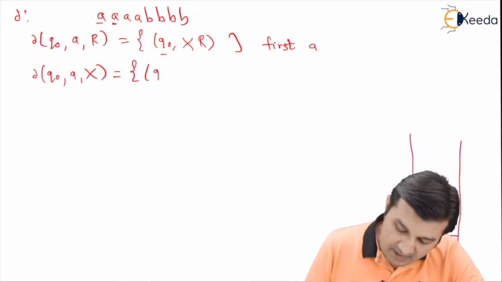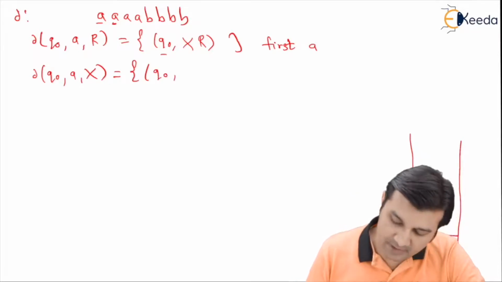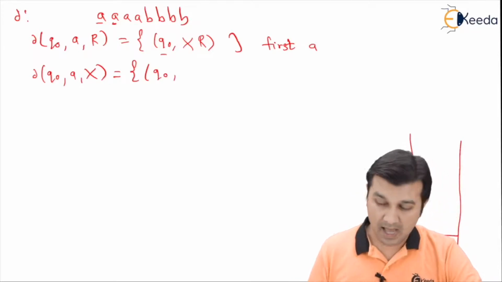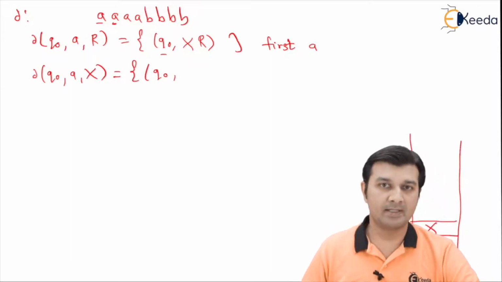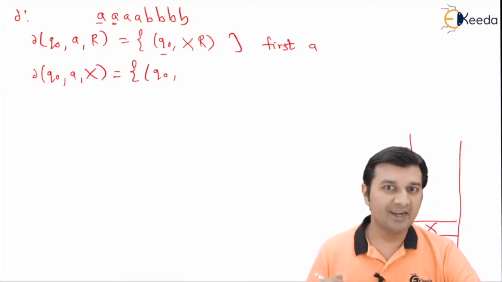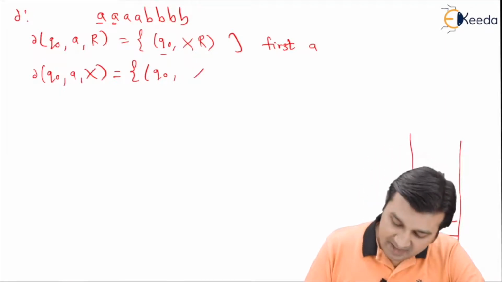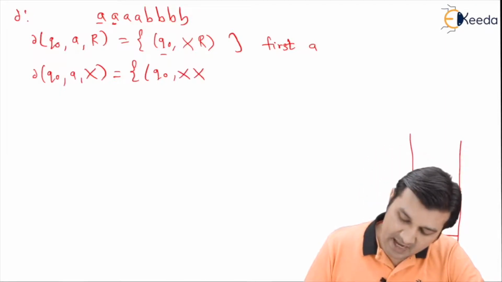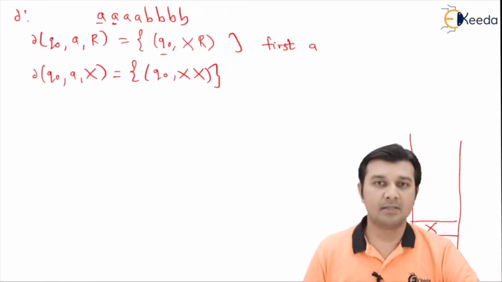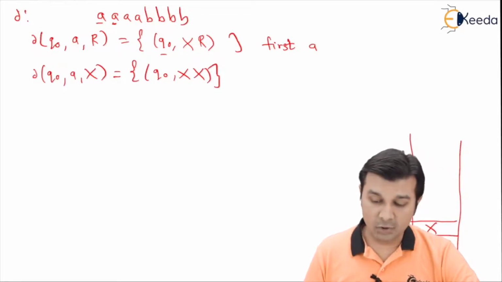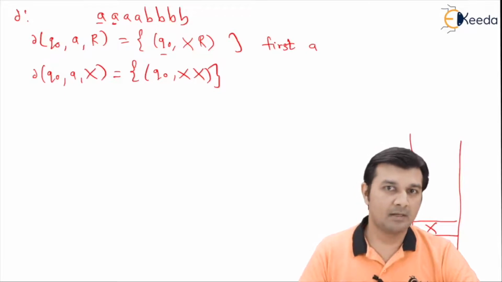So therefore I say I will not change the state. I will remain in state Q0, and what will be pushed above this X is going to be another X. Now my friends, how I write this is very important. I say previously I had a X, and above that X I pushed another X. Now you might be wondering that I should have ideally written XXR.